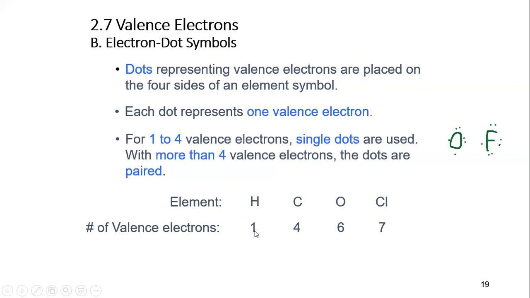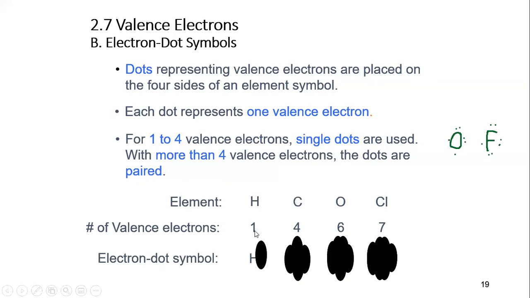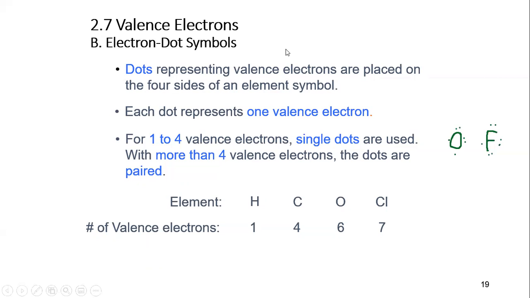Again, you take the number of valence electrons for each element and you apply them as dots. And these dots look ugly, so let me clear that up. So I'll draw hydrogen, it would look like this.